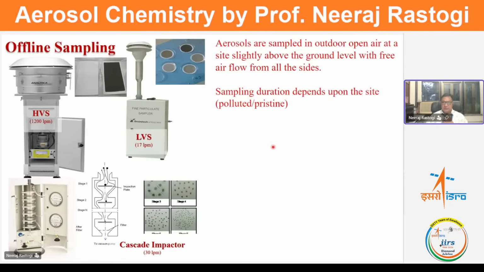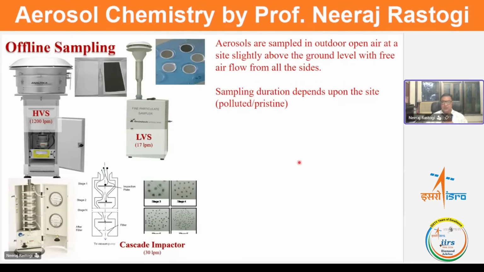Now, how do you decide the sampling? When we're talking about outdoor air, samples are collected outdoors, usually at the terrace of a building or any site above the ground level with a free flow from all the sides. Duration of sampling depends upon where you are doing the sampling, whether it is a polluted or pristine site. For example, if you are doing sampling in a polluted city like Delhi, then you can collect a few hour sample and you will have sufficient sample like this.